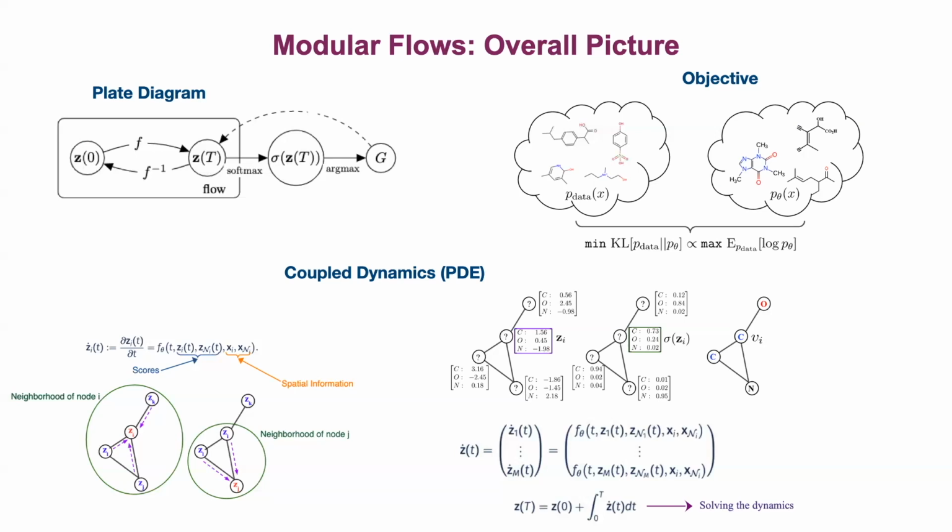And so you can also take into account the geometric information, for example, if you have 3D coordinates associated with the nodes, but it's all essentially a local message passing step at each node. And here is an illustration, just a toy example. You can stack all of these together, you get your PDE system, and then you can solve the dynamics, and there are differentiable ODE solvers that are already out there.